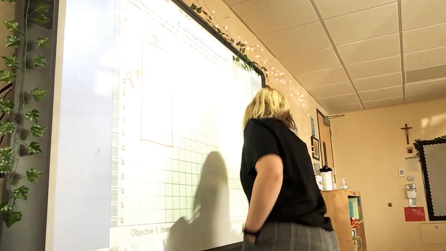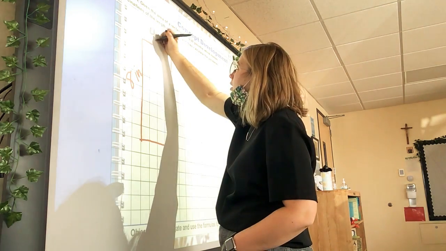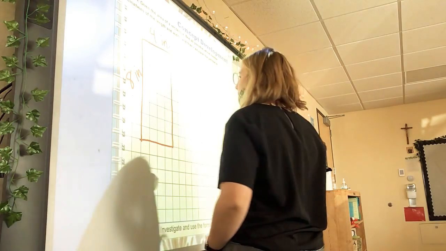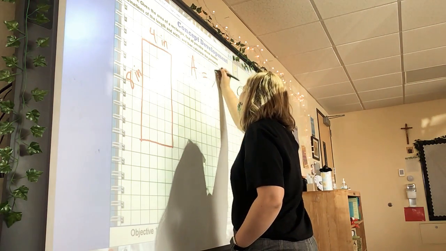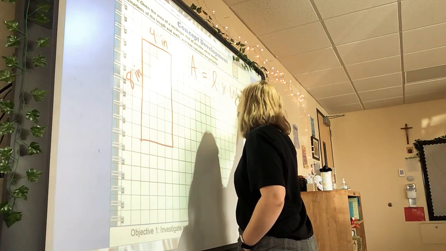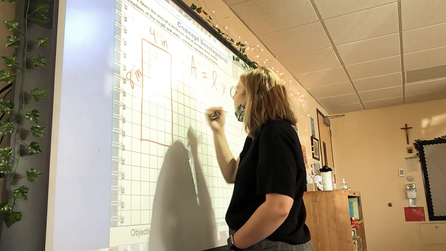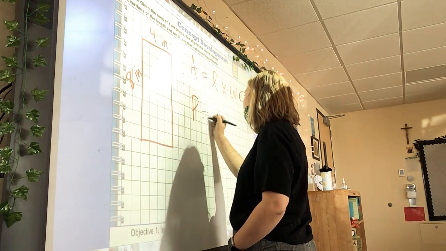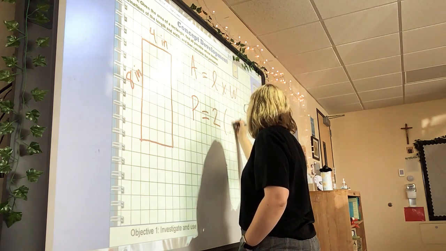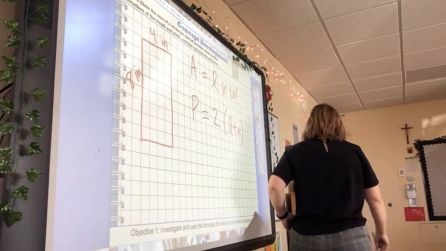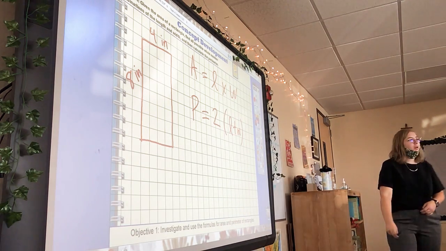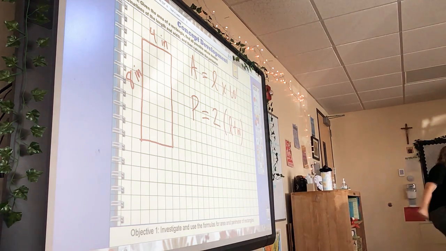You said inches? Yep. Can you go ahead and solve it? You don't know where you're solving it. Okay, now you may solve it. You're going to find both the area and perimeter of that rectangle.